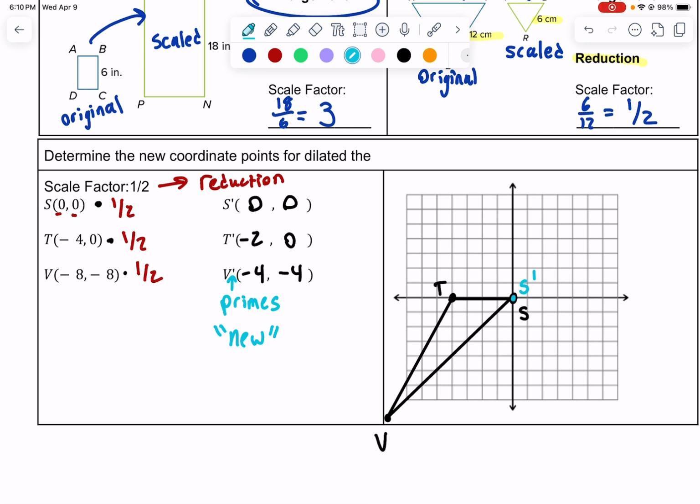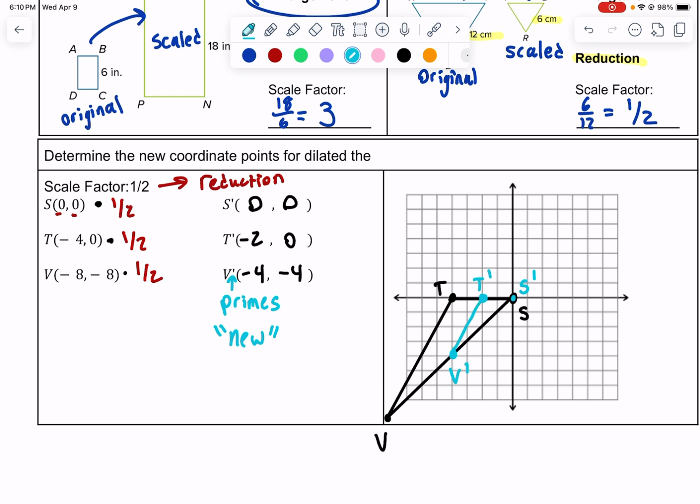But our T is going to be in a new spot. If we move 2 spots to the left over here, I'm going to have a new spot right over here, and that's going to become my T prime. Then down below, at -4, -4, we move 1, 2, 3, 4, 1, 2, 3, 4, and we will get our point right over here of V prime.